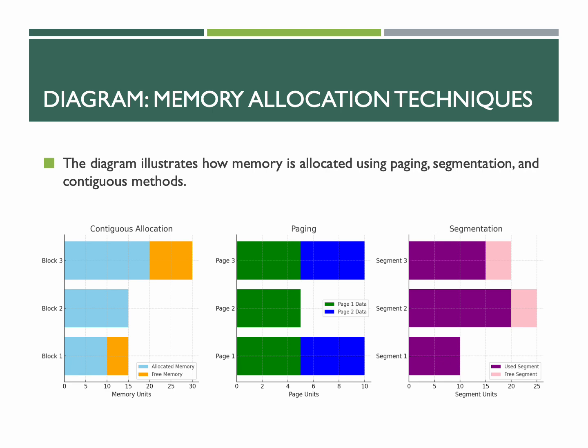Okay, now this diagram illustrates memory allocation techniques using three methods: contiguous allocation, paging, and segmentation. In contiguous allocation, memory is allocated in a continuous block.